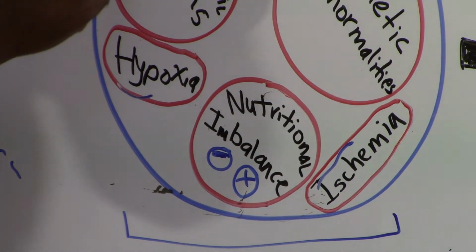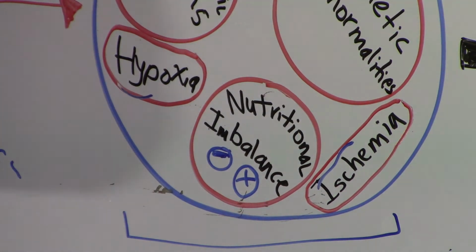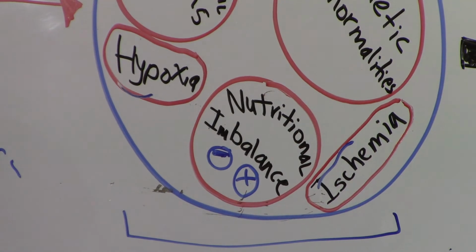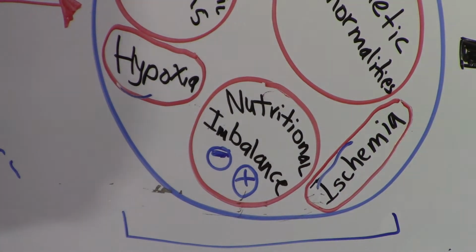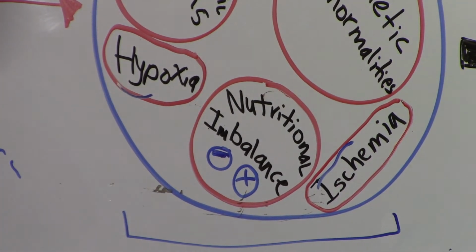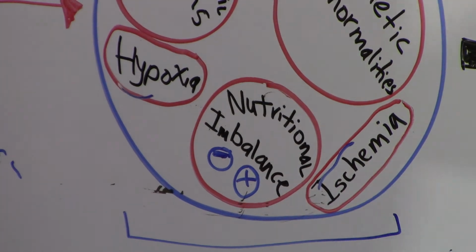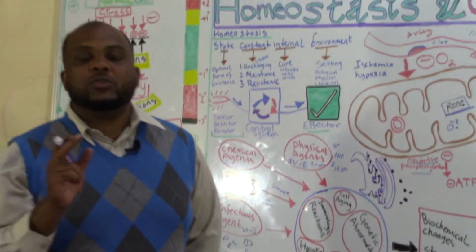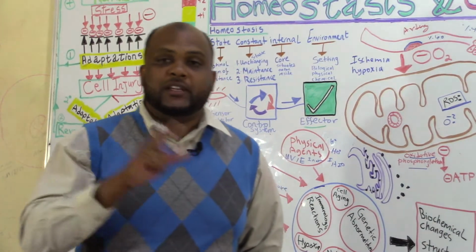And there's also another form, which is immunologic reactions, as in the case of autoimmune disease. In autoimmune disease, the immune system suffers from amnesia, where it can no longer differentiate between self and non-self.